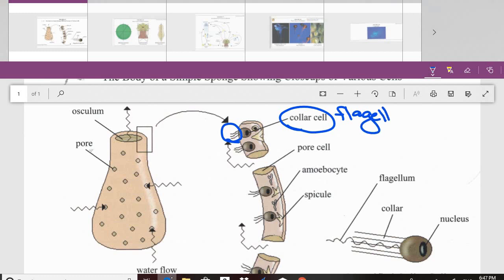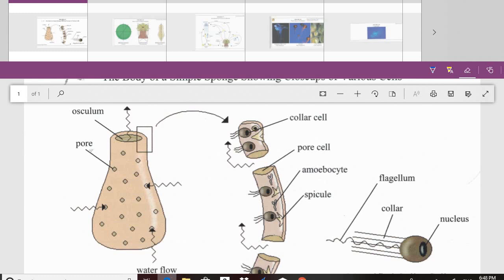With those flagellum, they help to pull water in, and then the collar cells actually trap the food, and then it gets ingested. So the collar cells are really important for the feeding habits of the sponge. Okay, so that's the collar cells.